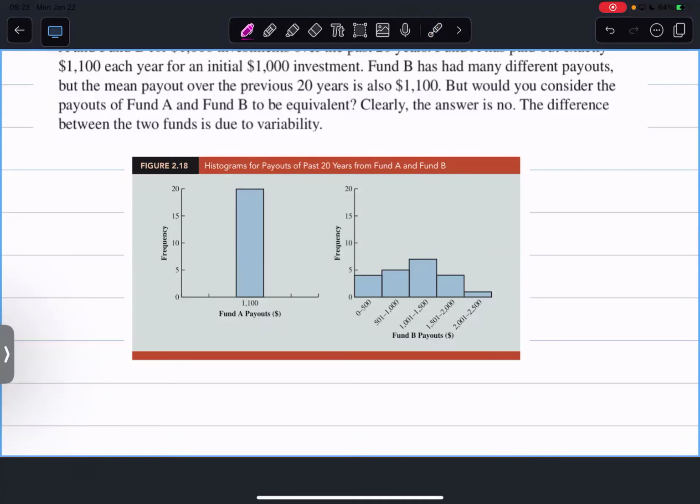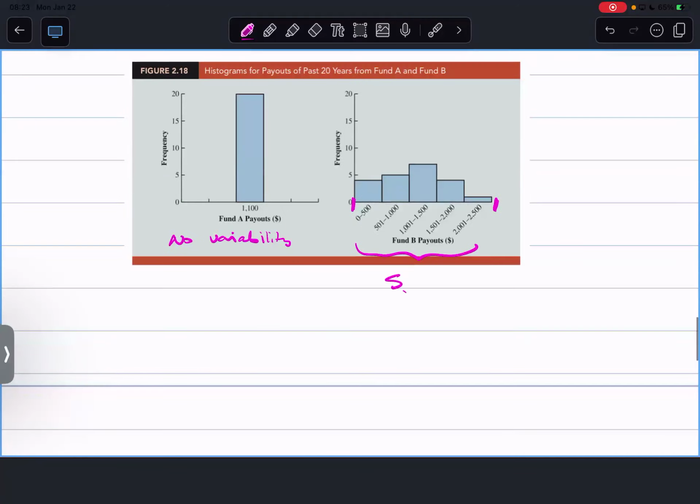And so here, no variability because it always pays out. You always get $100. Whereas this one here, the spread is the variability.